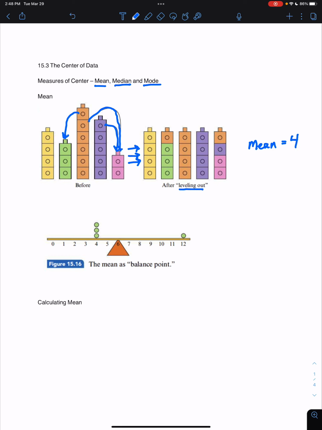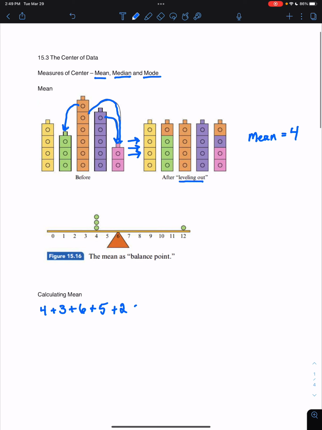And if we want to calculate the mean, we could say, 4 yellow blocks plus 3 green blocks plus 6 orange blocks plus 5 purple blocks plus 2.